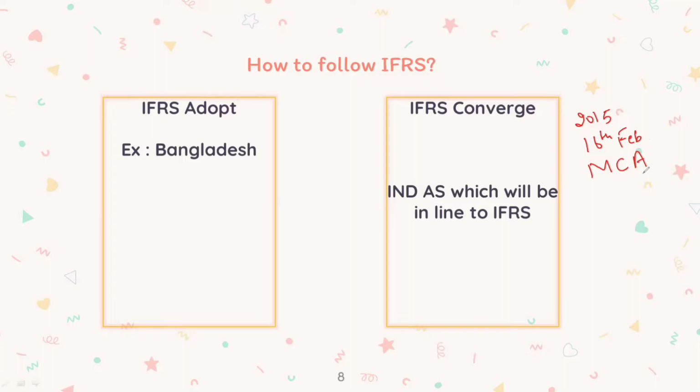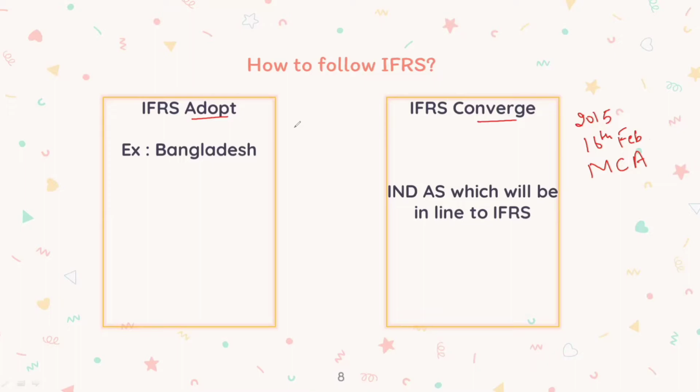Now, how to adopt and follow this IFRS? They gave two options. One is IFRS adopt and the second one is IFRS converge. Let's understand the meaning of IFRS adopt first. IFRS, as I said, is just a set of rules, right? When the MCA issued that set of rules, it had to be adopted by all the companies.